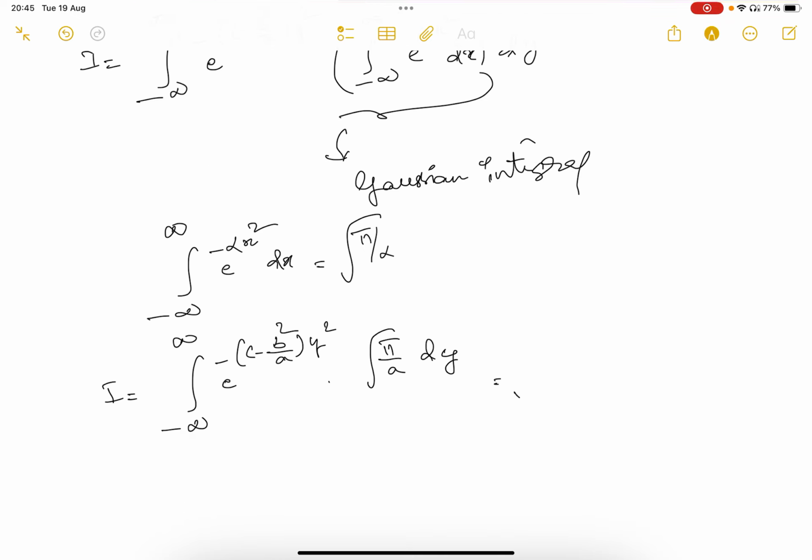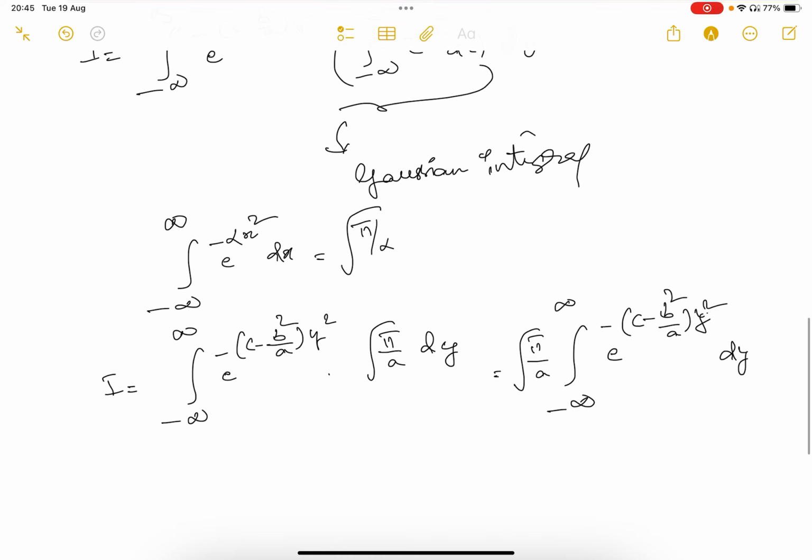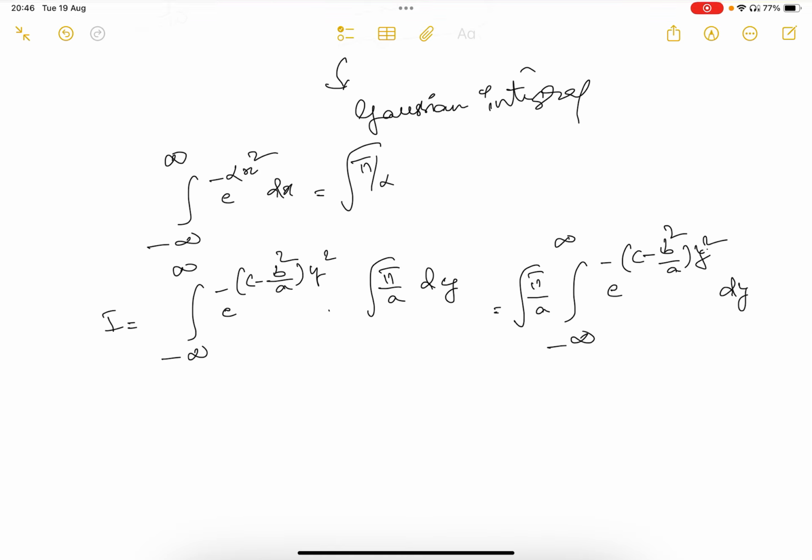Right? You can bring the root of pi by a out as a constant. Then this will be the integral minus infinity to plus infinity e to the power minus of (c minus b²/a) into y² dy. Right? Then this is again the Gaussian integral.